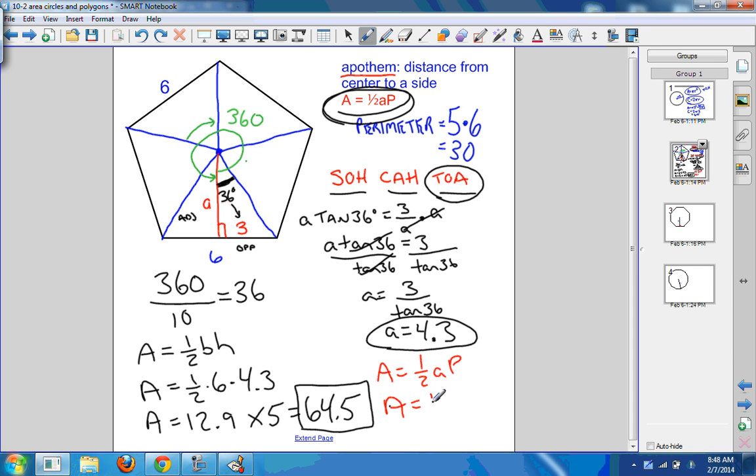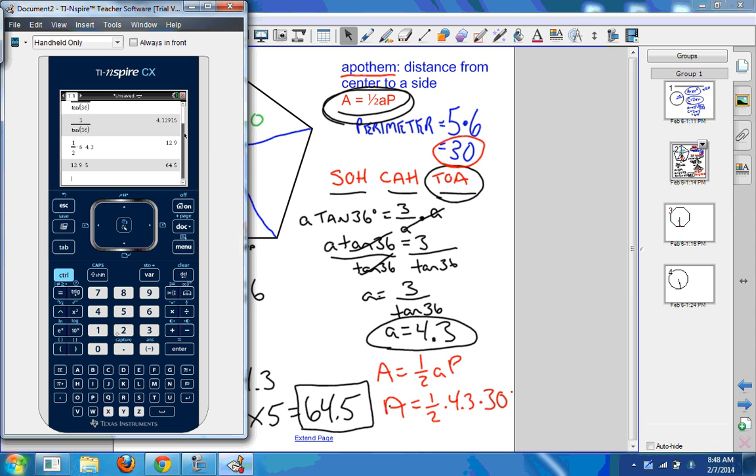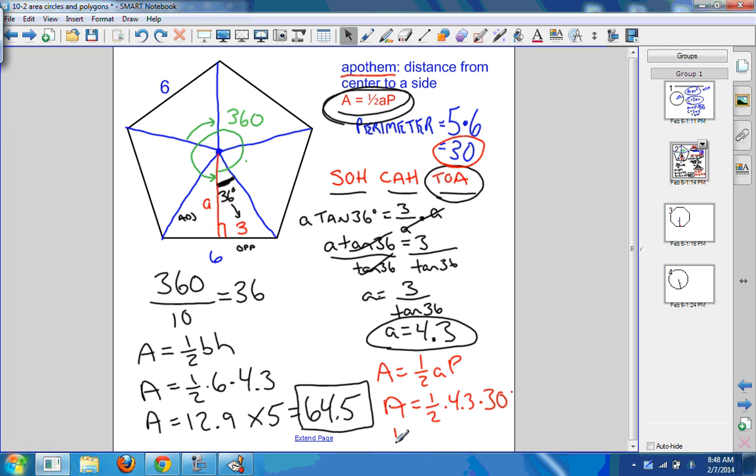Now my small a is my apothem, which in this case we figured out was 4.3, times p is my perimeter. Figured out earlier the perimeter is equal to 30. So 1/2 times 4.3 times 30. Let's see if that gives us the same thing. 1 divided by 2 times 4.3 times 30. And that's equal to also 64.5.